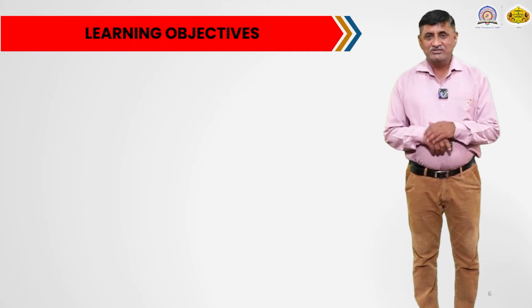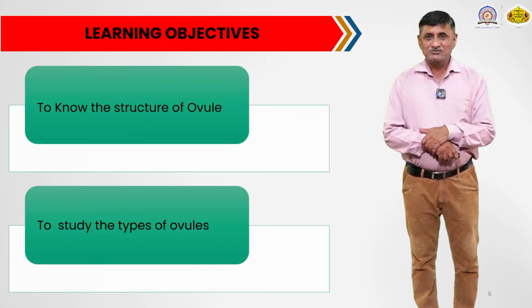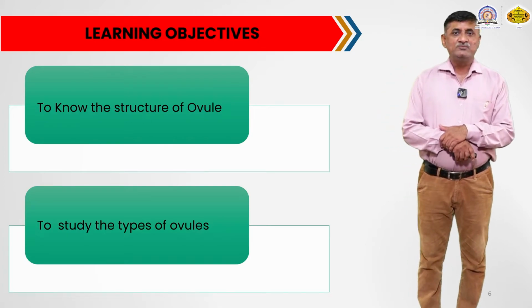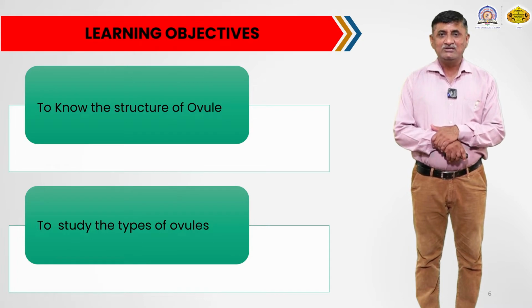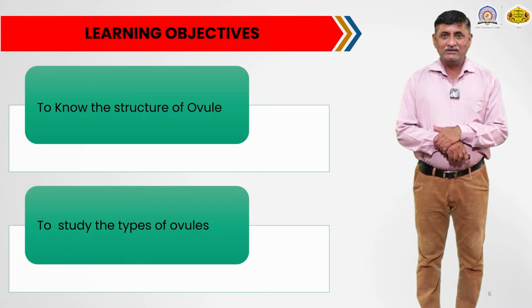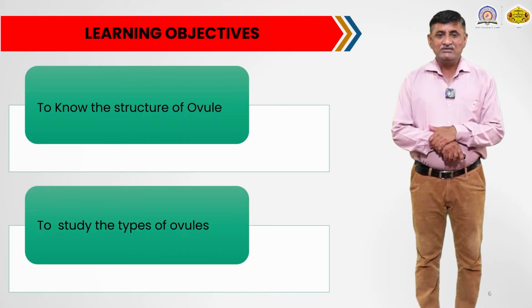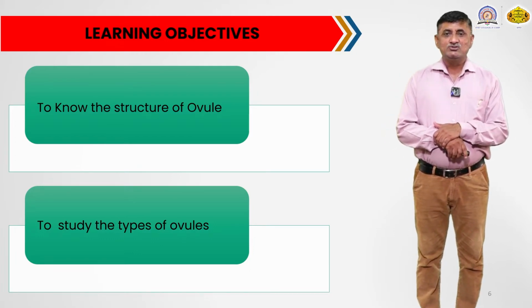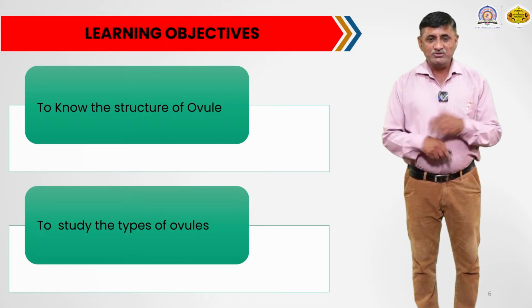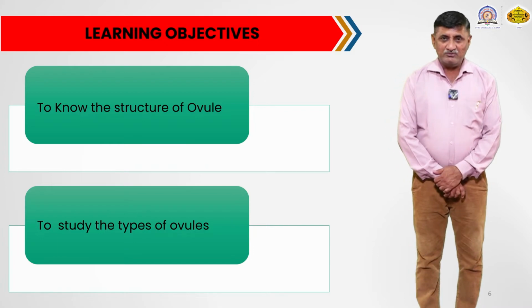So what are the learning objectives of today's video? The angiosperm is a very vast plant group and today it is dominant on the earth. So about their reproduction, or their embryology, we must understand the structure of their ovule, and that's why one objective of today's video is to know the structure of the ovule in the angiospermic plant.